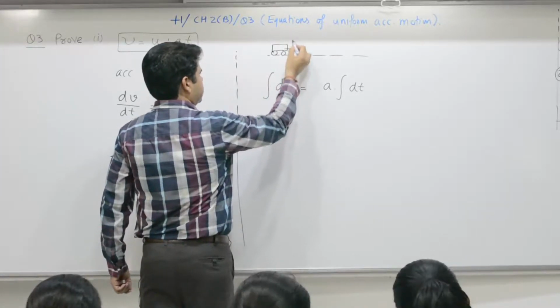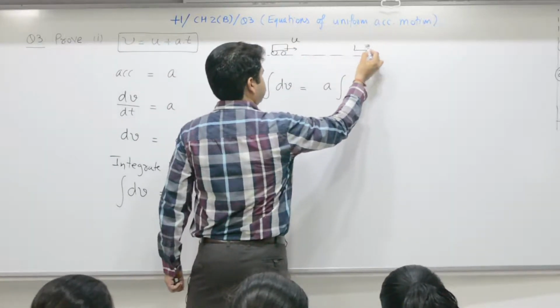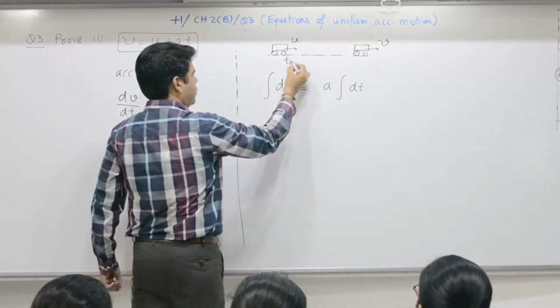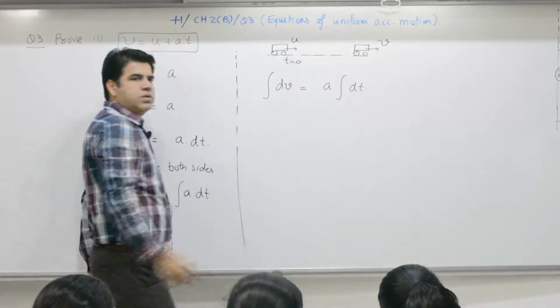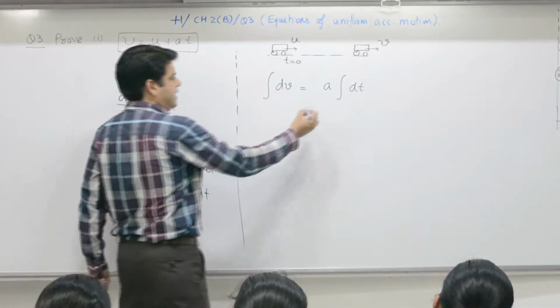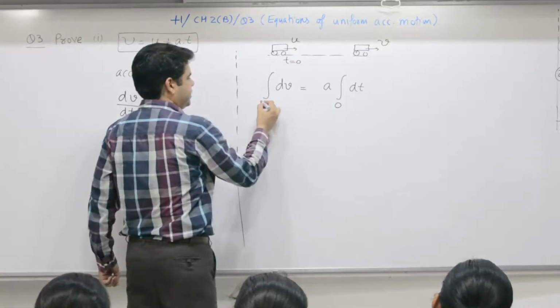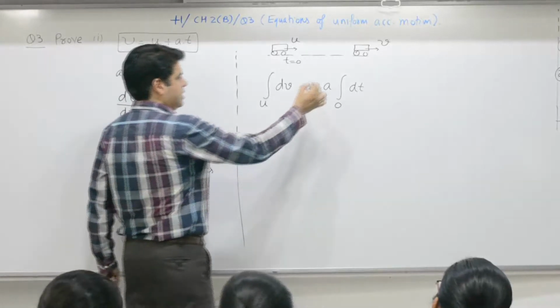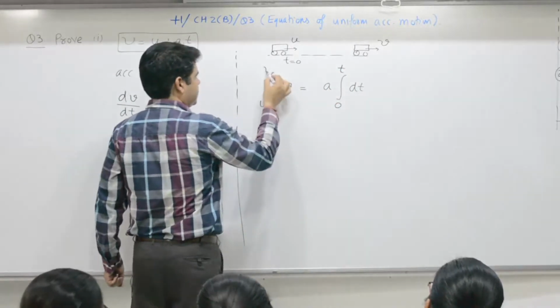Initial speed is u, final speed is v. So when time is 0, speed is u. That is why when you put the limits, when time is 0, speed is u. When time is t, speed is v.